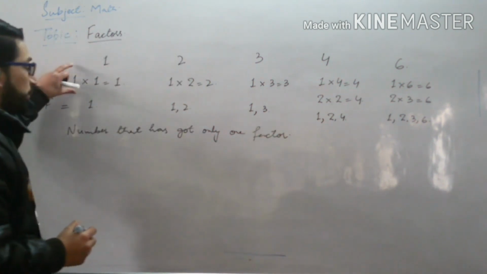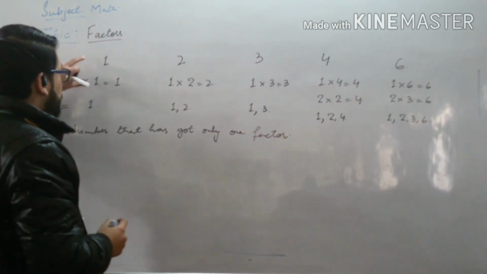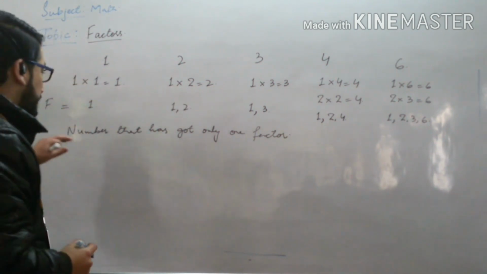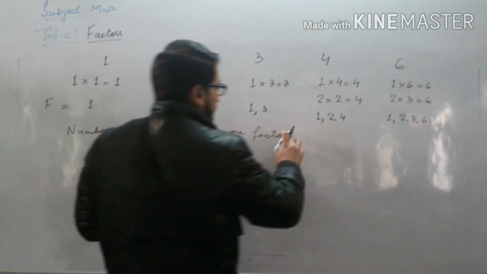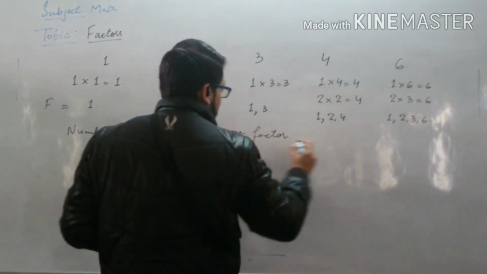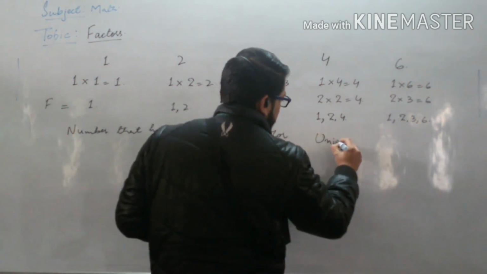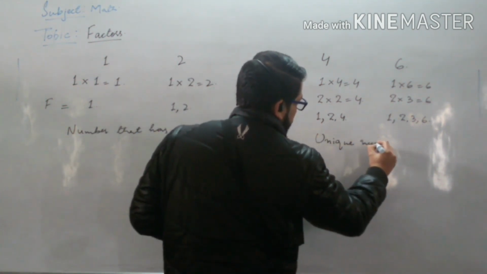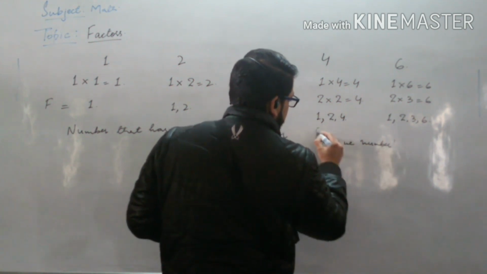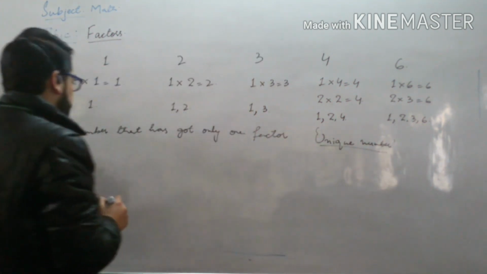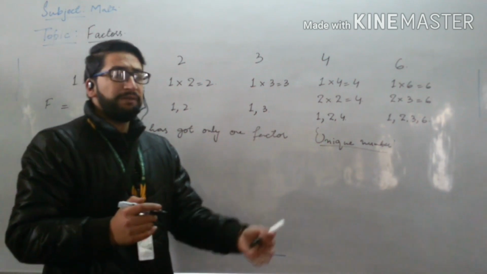Here we have the same situation, a number which has got only one factor. This number in maths is called a unique number. A number that has got only one factor.